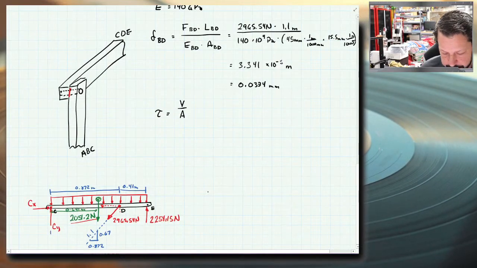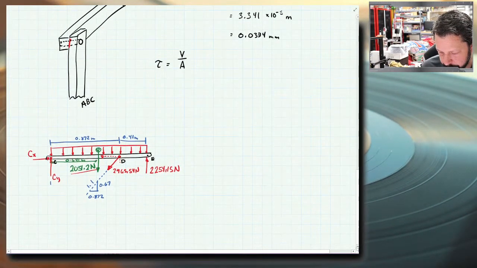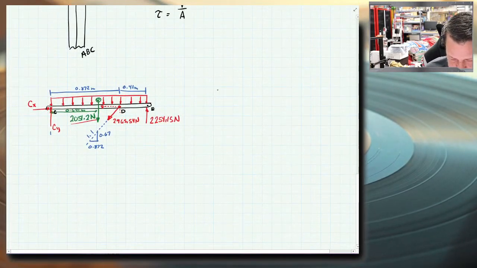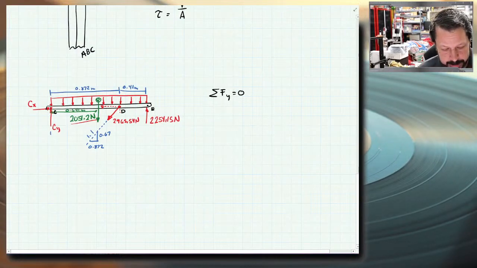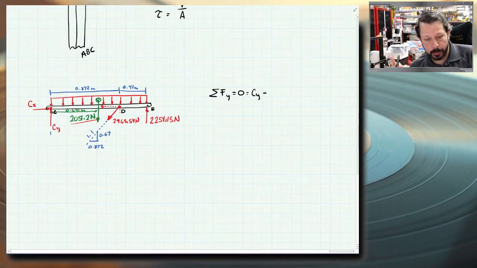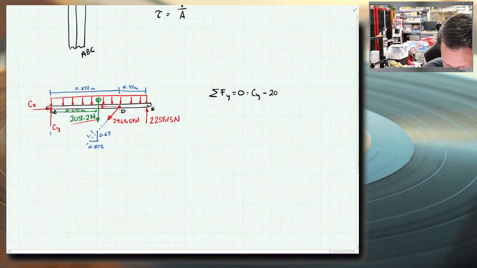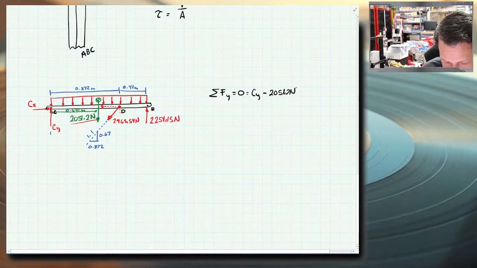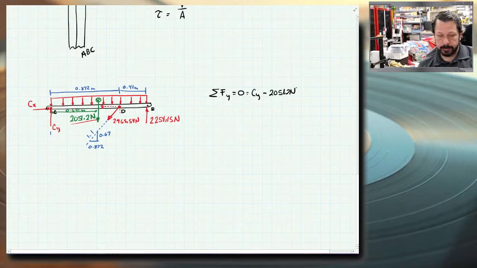Let's do summation of forces in the y direction equals 0. We have CY minus the entire distributed load lumped into that one point load, which is 2051.2 newtons, minus the y component of BD because it is pointing down.